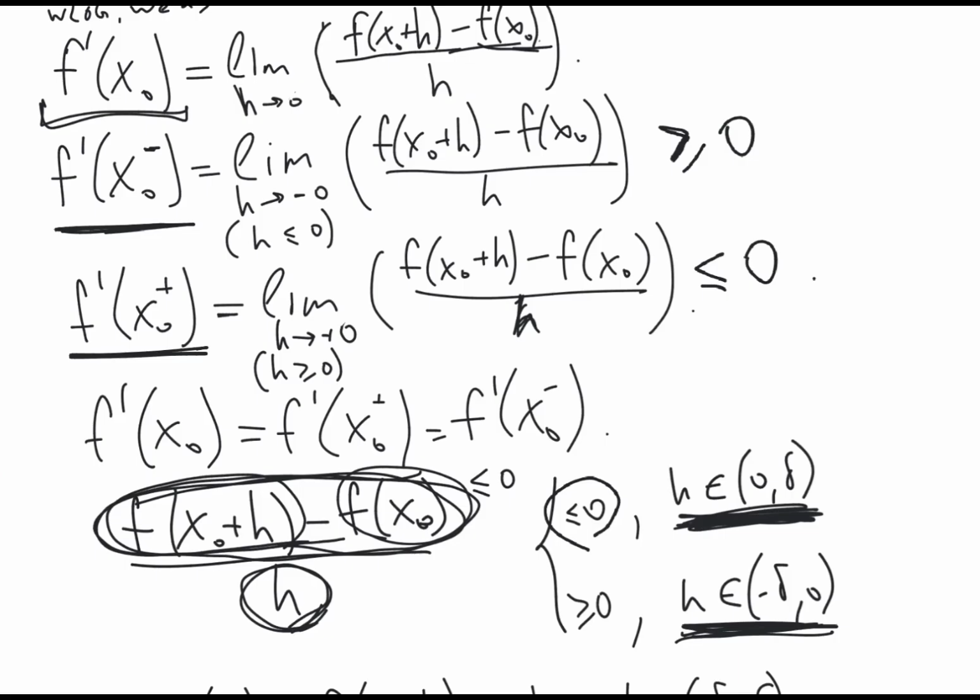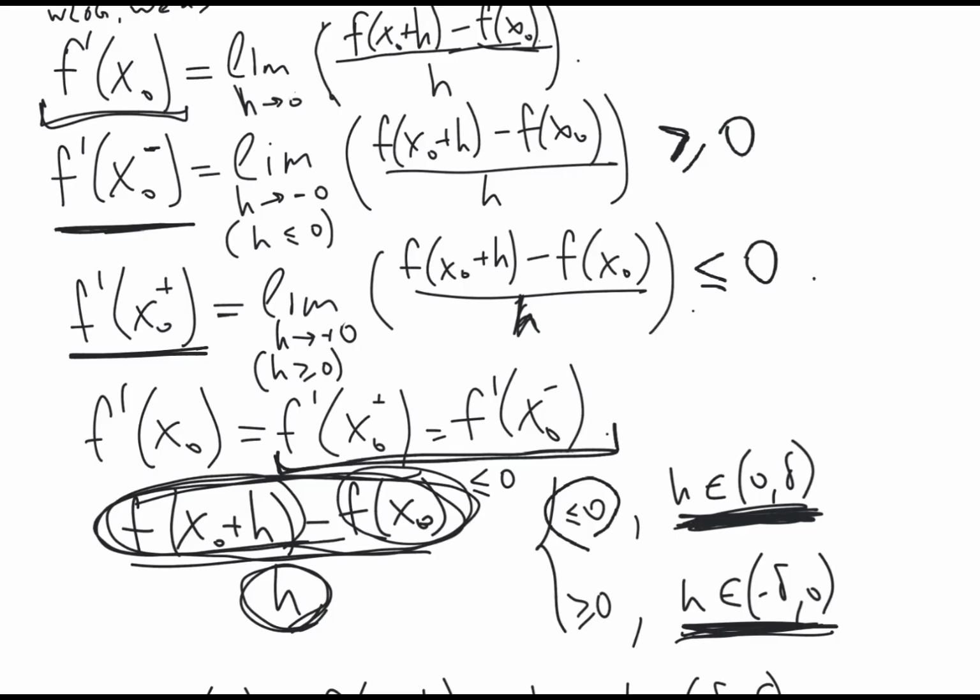But on the other hand, we established that these two limits, right hand limit and left hand limit, are equal to each other. So one of them is greater or equal than 0, the other is less or equal than 0, but they're also equal to each other because they're equal to the derivative of f at the point x0. Therefore, the only possibility is that they're both equal to 0.